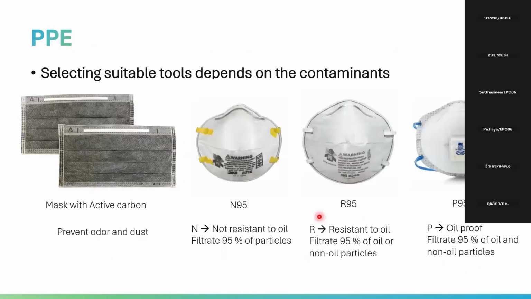And for the mask, especially for the wind process, I suggest you should wear at least an R95 mask, because there may be some acid vapors and volatile vapors in the factories and warehouses. So please wear a proper mask. It can protect you from breathing in hazardous gases into your lungs.